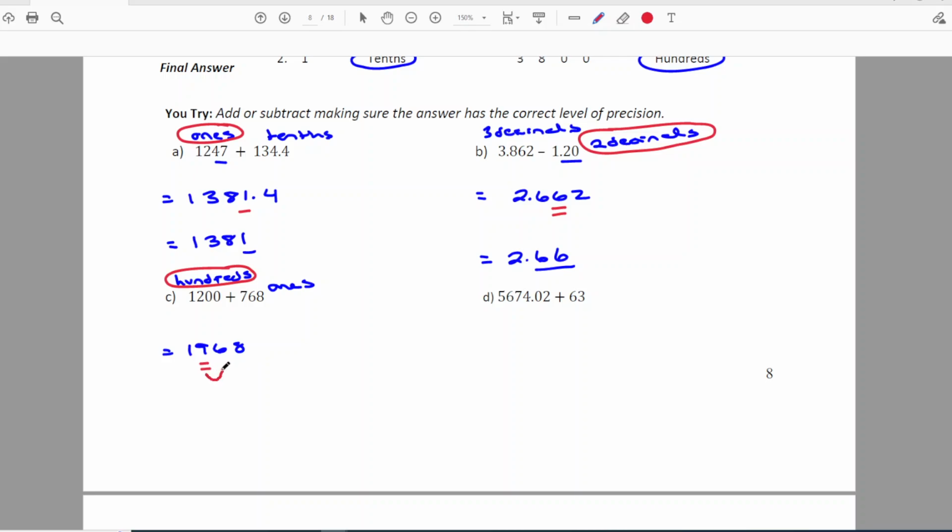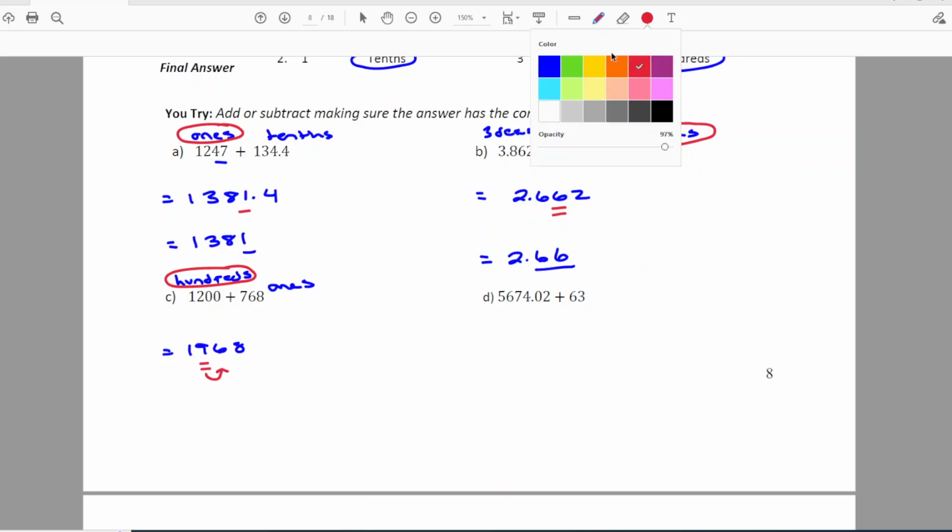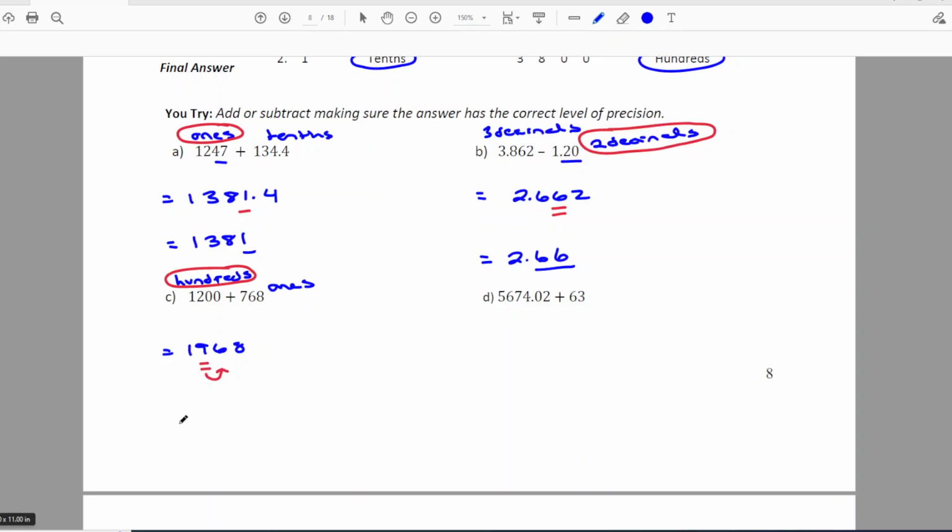I guess I'm going to have to do scientific notation. If I want to keep it precise to the hundreds, I'm actually going to have to write this as 2.0 times 10 to the 3. That's the only way of keeping it precise to the hundreds, because otherwise I would write 2000, but then how do I show that it's precise to the hundreds? So to show that, I can write it in scientific notation. Tricky one. Sorry about that.